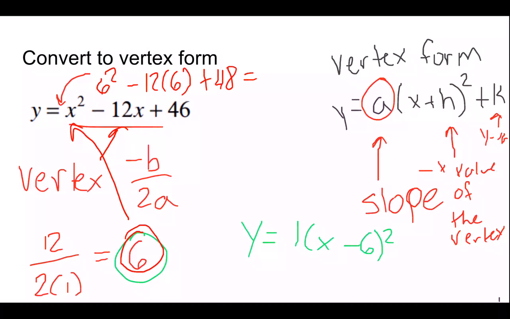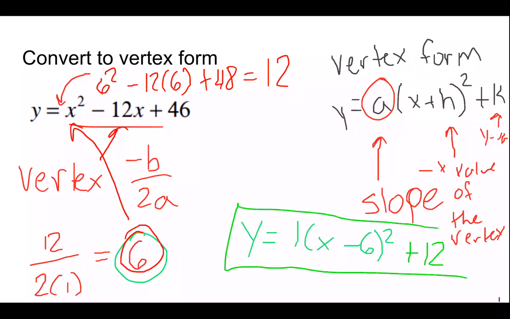And that's going to give me 12. So since that's going to give me 12, I'm going to go back over here and put plus 12. And that will be my final answer in vertex form.